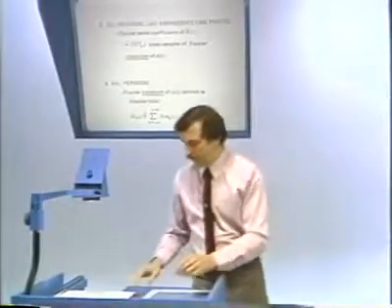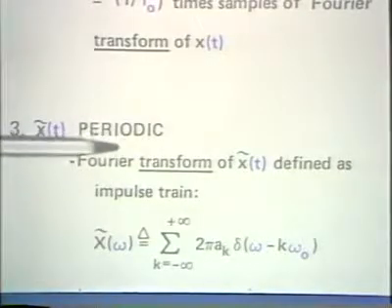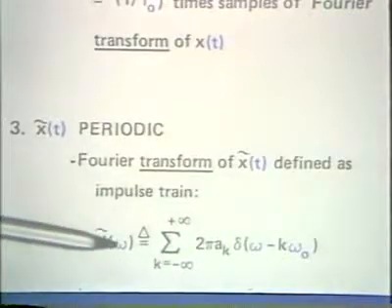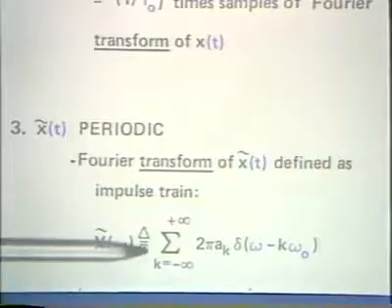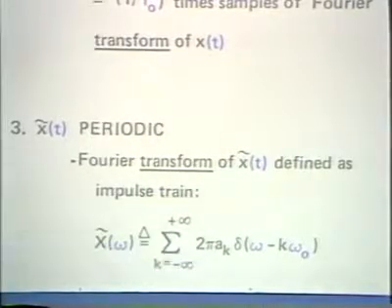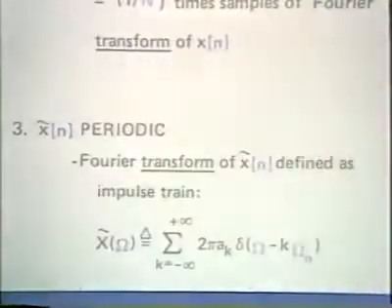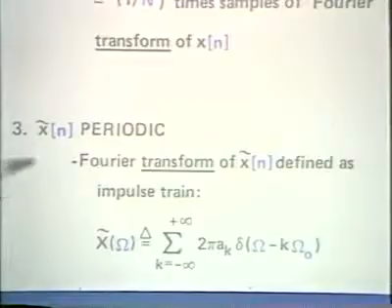So in continuous time, we used this definition of the continuous time Fourier transform of a periodic signal. And again, in discrete time, it's simply a matter of using exactly the same expression and using instead the appropriate variables related to discrete time rather than the variables related to continuous time.